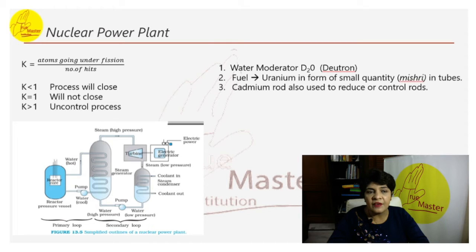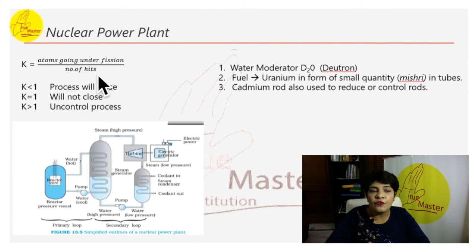Here, to decide whether to close the system or not, we decide with a K factor. K is equal to atoms going under fission divided by number of hits.